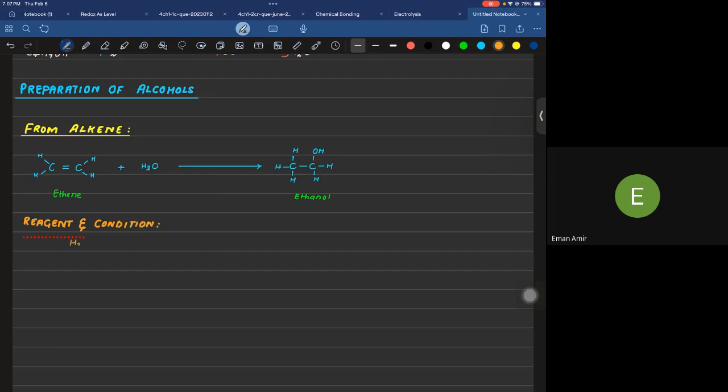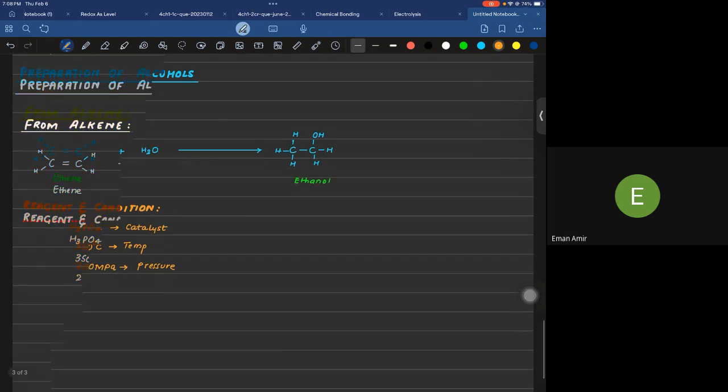So H3PO4, which acts as a catalyst, and 350 degrees Celsius temperature, and this much pressure.